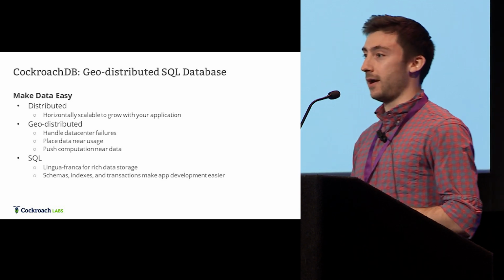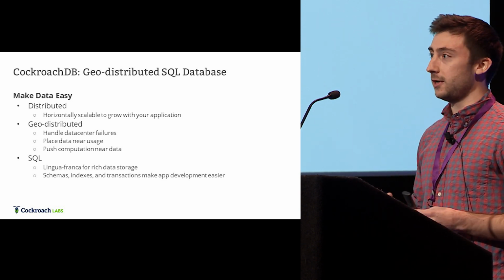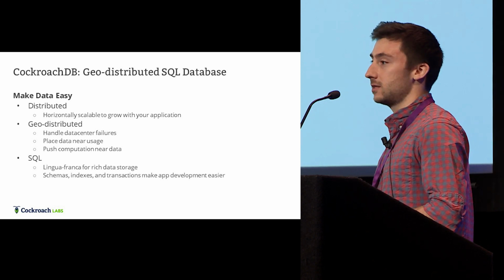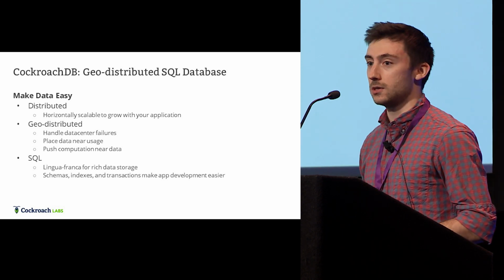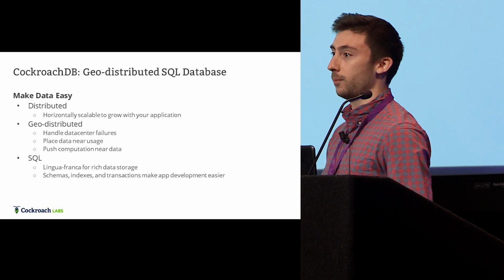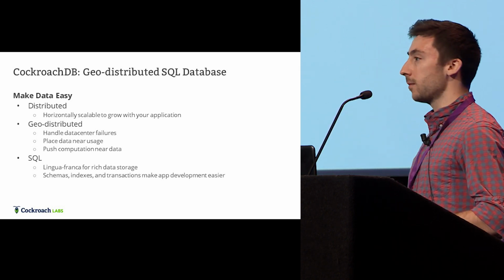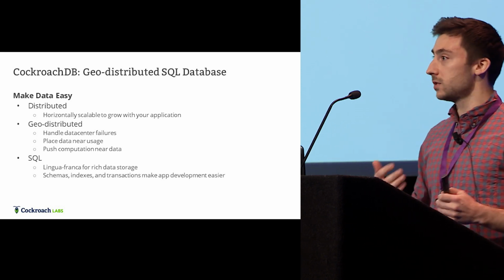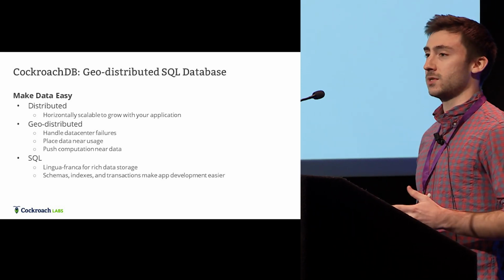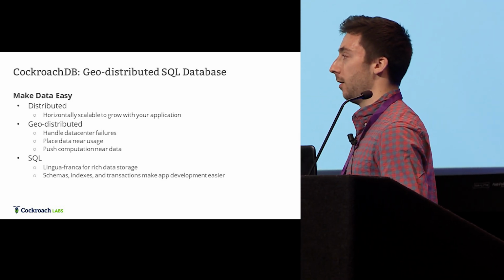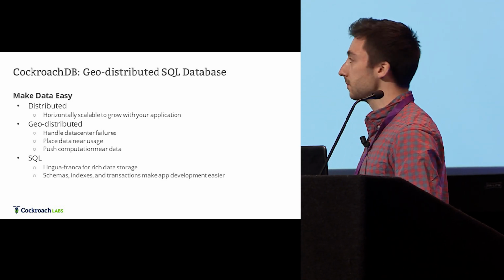Now, NoSQL came around and offered horizontal scalability, but it gave up transactions and indexes and, in some cases, even correctness, which in turn put the burden right back on app developers. So there's been an emergence of this new class of new SQL databases that promise to bridge this gap. They offer scalability without giving up on consistency.